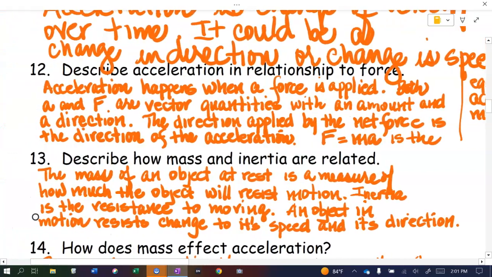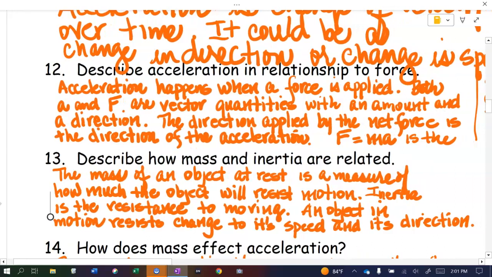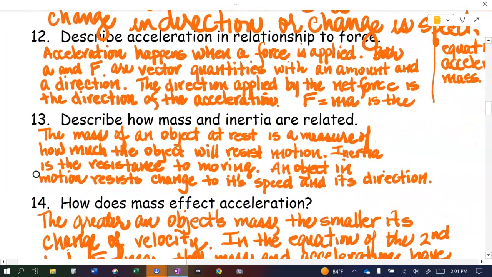All right. Now remember, you can stop the video whenever you need time to write things down. Describe how mass and inertia are related. Well, this is essentially Newton's first law. The mass of an object at rest is a measure of how much the object will resist motion, and inertia is defined as the resistance to moving.